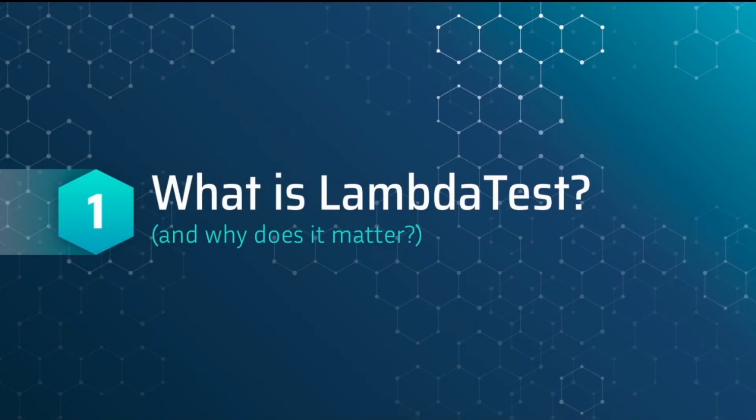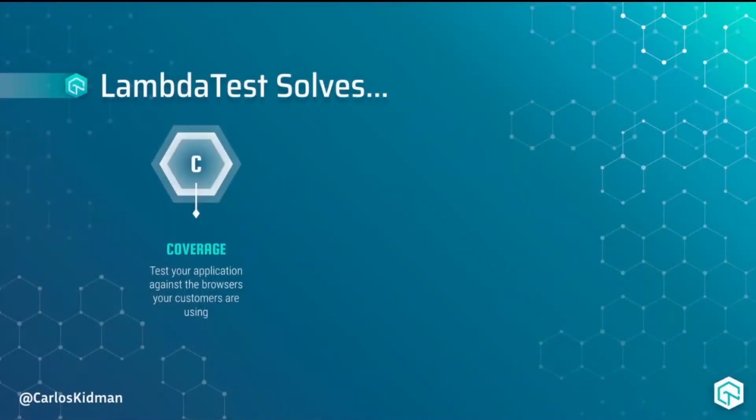Now that we've talked about what Lambda Test is, we can talk about why it matters. Lambda Test solves a lot of problems that many of us face. First off, it solves the coverage problem. Without a solution like Lambda Test, you'd have to make sure all of the browsers are installed on your machine so you can test your application against each one.